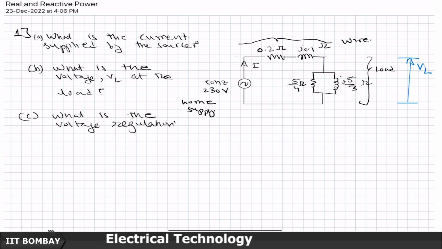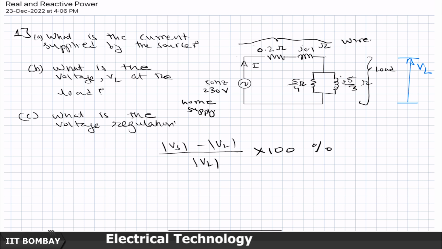Okay. So, first of all, let me just define what I mean by voltage regulation. So, my supply is V s, my load voltage is V L, these are the magnitudes of the phasors that I am showing, divided by magnitude of V L, into 100. This percentage is known as the voltage regulation.